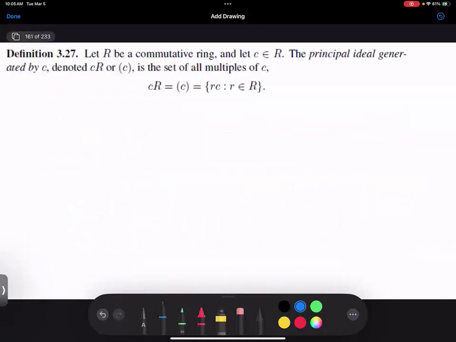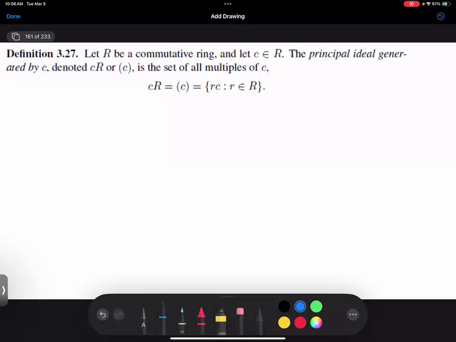The next slide is, not surprisingly, very much related to what we just did. So let R be a commutative ring, let c be in R. The principal ideal generated by c, and we have two ways of denoting this, we denote this either as cR, or (c) in parentheses, is the set of all multiples of c.